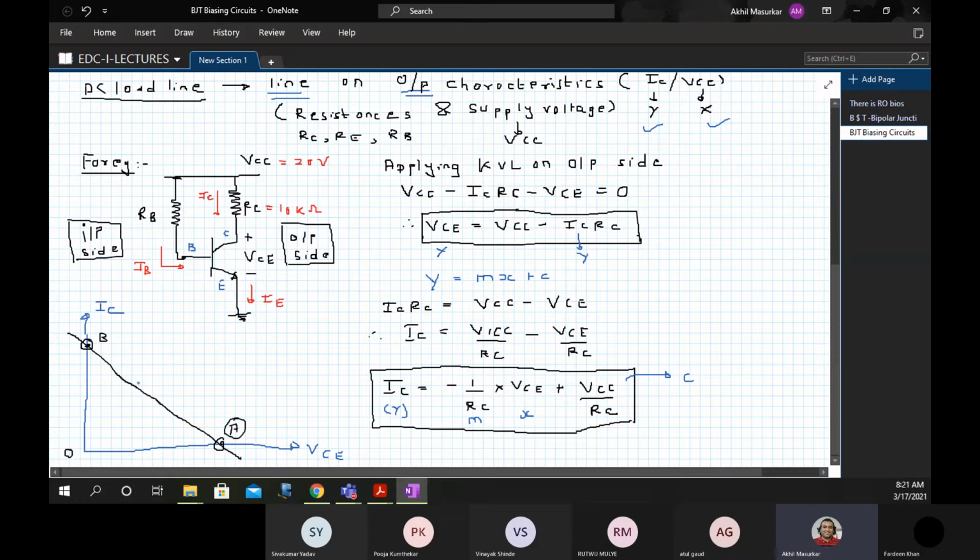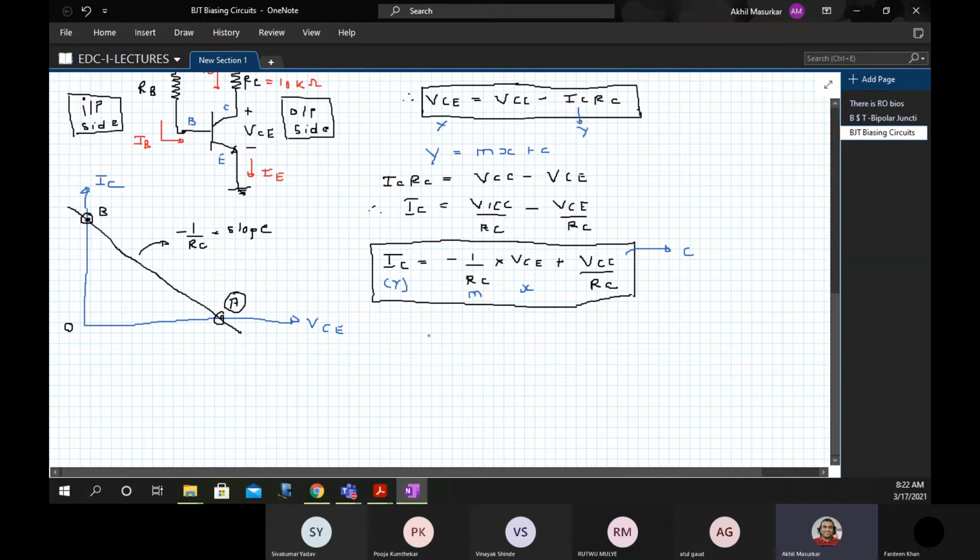So I know that the slope is negative, but where should I draw this line? I know that the slope of this line is minus 1 by RC. Now my task is to find out the values at A and B. At point A, you can see the value of IC is 0.